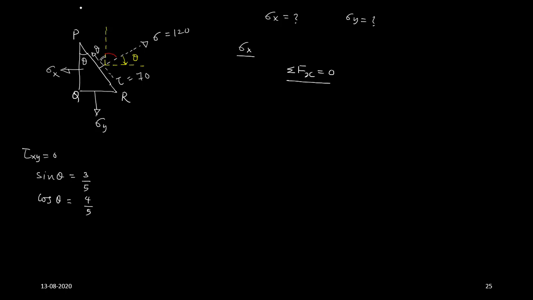Suppose I take the sign convention as positive x and negative x. If we keep this sign convention, then due to this sigma x, the force is sigma x into the area of the plane, this PQ into 1. Why am I taking the 1?